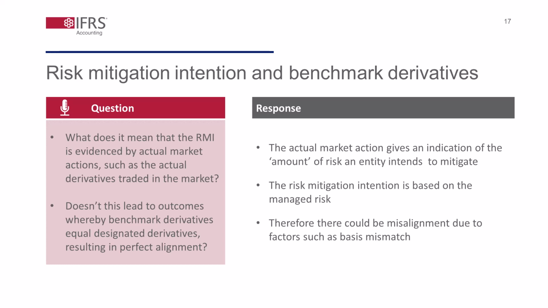In such cases, the derivatives indicate the amount of the risk mitigated, but the risk mitigation intention has to be based on 3-month Euribor instead of ESTR. A 3-month Euribor represents the managed risk. Accordingly, the benchmark derivative shall be constructed as a 3-month Euribor versus fixed, and the difference between the ESTR designated derivative and the 3-month Euribor benchmark derivative is likely to cause measurement misalignment.